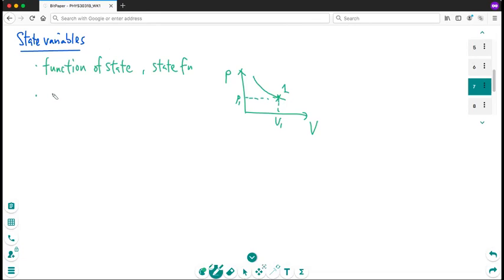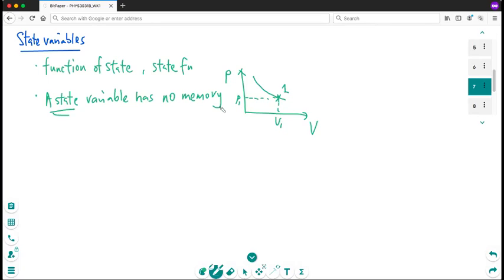In my note, I actually give you some definition, a bit long, you can look at it yourself, but what I really like is this one, a state variable. I also think this is a very profound way of saying this. If I have a state variable, that state variable has no memory. It doesn't care about the path of getting there.